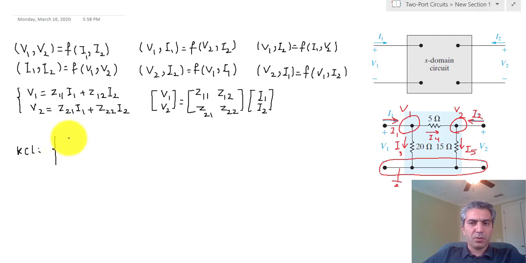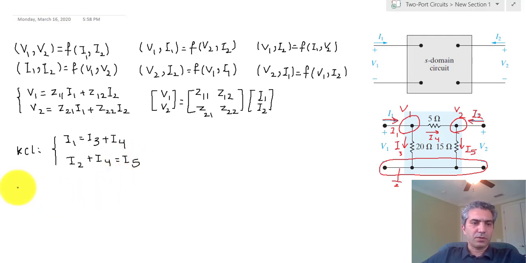For the node V1, I1 is going in, and then I3 and I4 are leaving that node. For the node V2, I2 is going in, and I4 also is going in, and I5 is leaving that node.